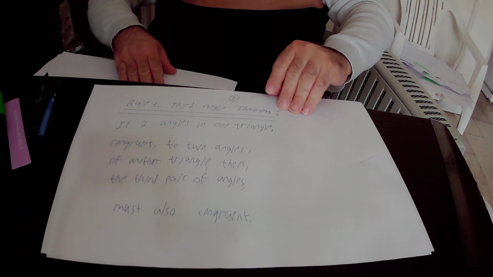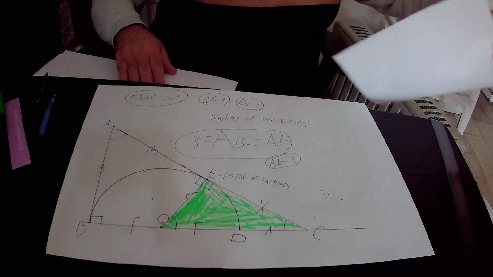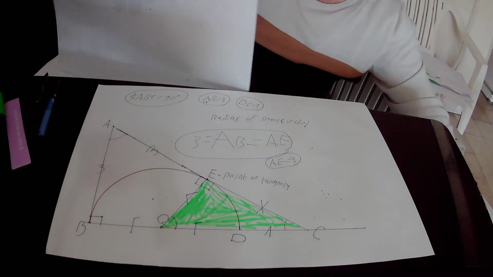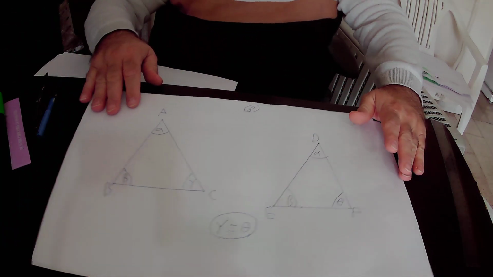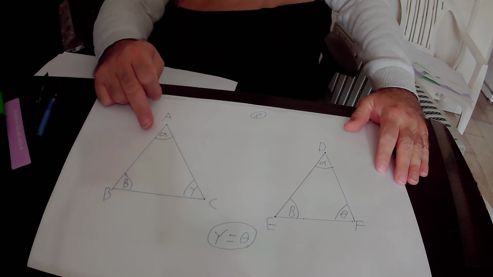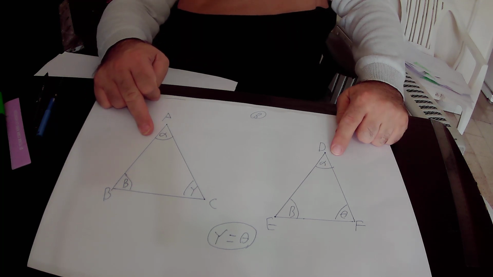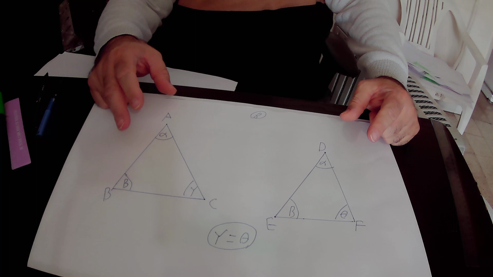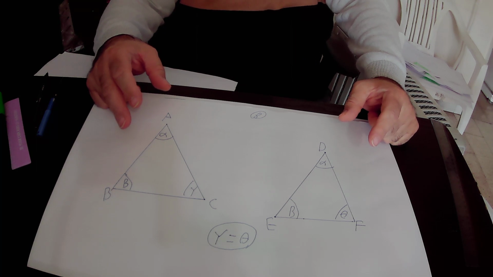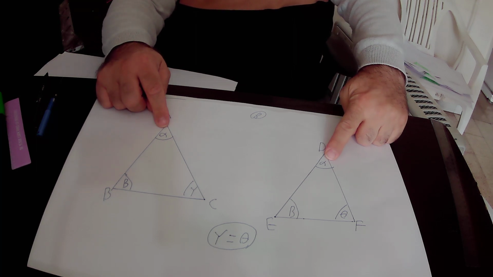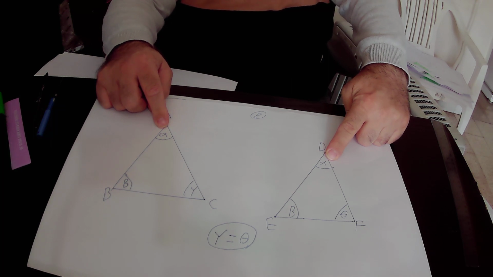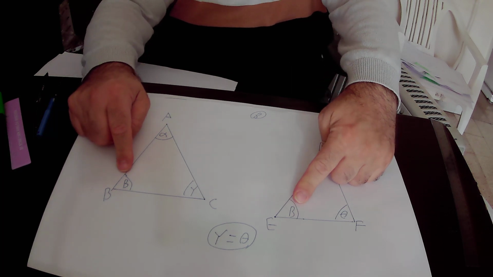So what is the meaning of rule number 3, the third angle theorem? It means that if we have two triangles, this triangle ABC and triangle DEF, and in those two triangles we have two pairs of congruent angles. This is the first pair of congruent angles, they are both equal to alpha, and we also have the second pair of congruent angles, they are both equal to beta.